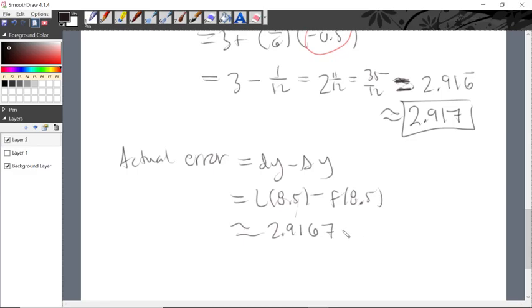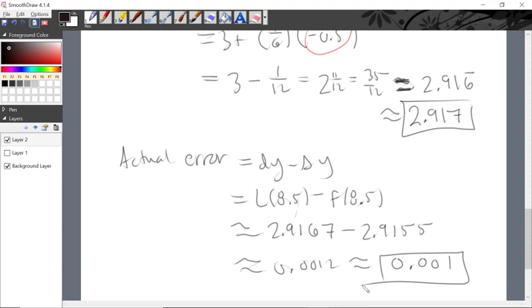I'm going to go an extra decimal place of accuracy there. Minus 2.915, and then it goes 47, so 55. 2.9167 minus 2.9155. So I get that this is approximately 0.0012. So to 3 decimal places of accuracy, 0.001.